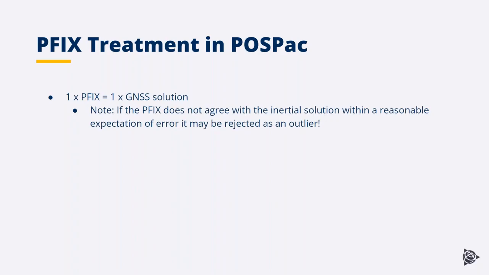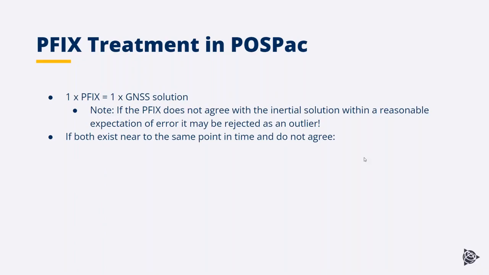As with the GNSS solution, if the pfix information does not agree with the inertial solution, so the IMU-based trajectory, within a reasonable expectation of error, it may be rejected. So the pfix should still make sense from the other sensor perspective. You cannot have a pfix which is saying that our trajectory should be 500 meters away, because that is not within the expectation of an error.